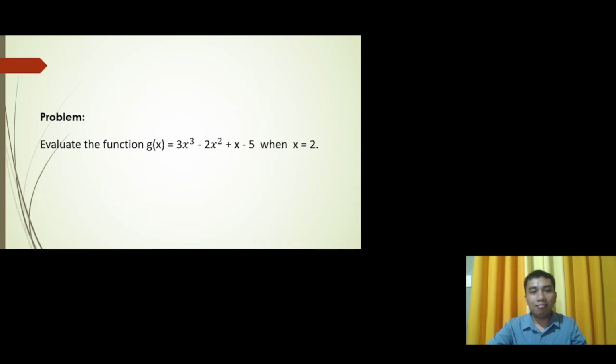So I have here now a problem. We are going to try this problem. I'm going to read it for you. You are going to evaluate the function g of x equals 3x cubed minus 2x squared plus x minus 5 when x equals 2.